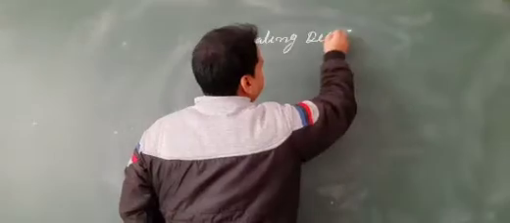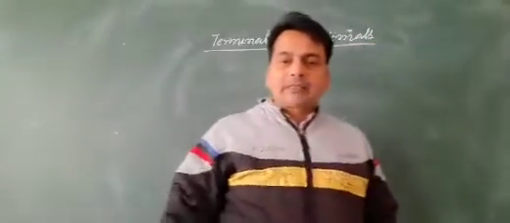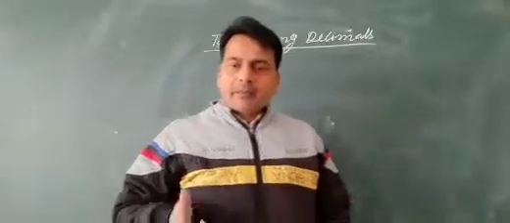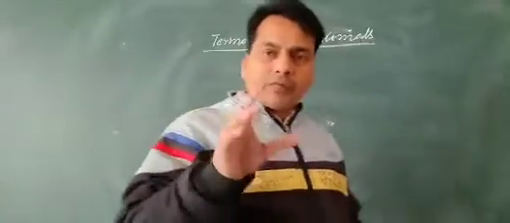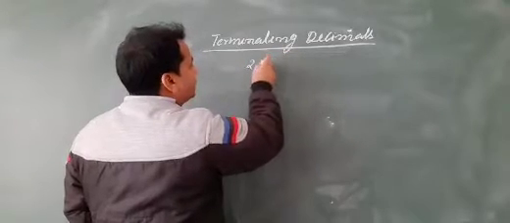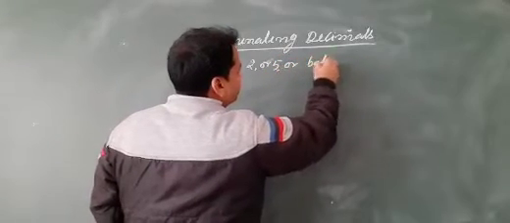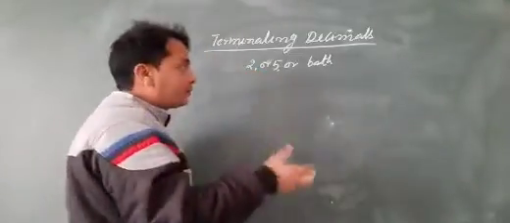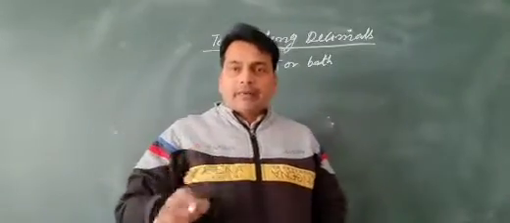As you know, a rational number written in its standard form whose denominator has only the prime factors 2 or 5 or both, that is called a terminating decimal.